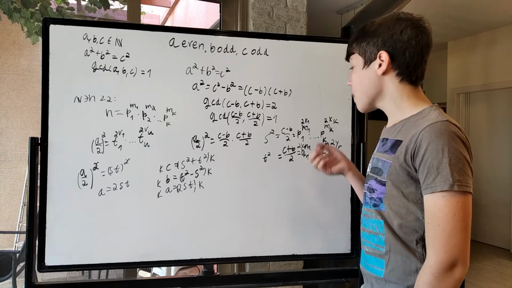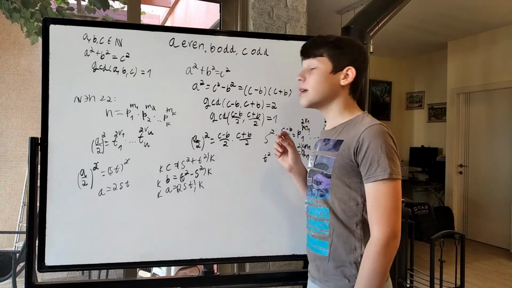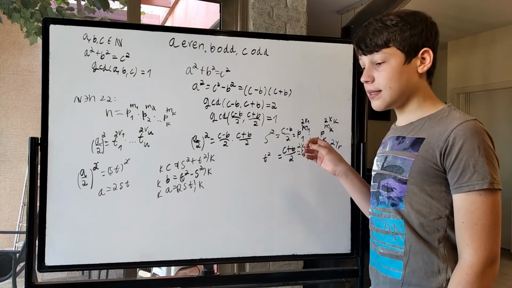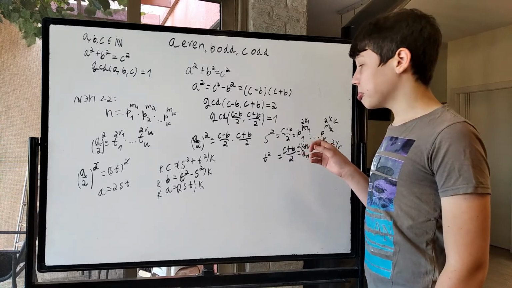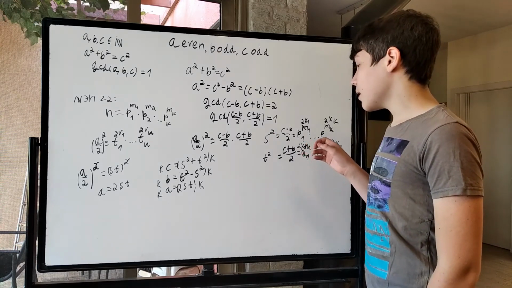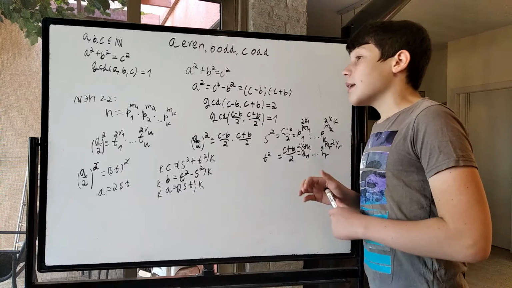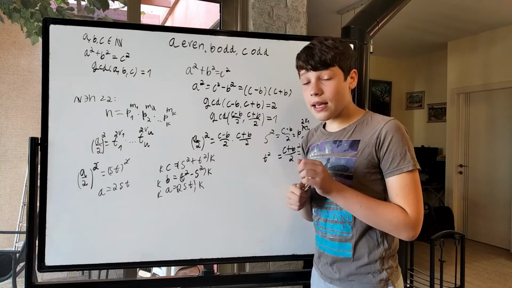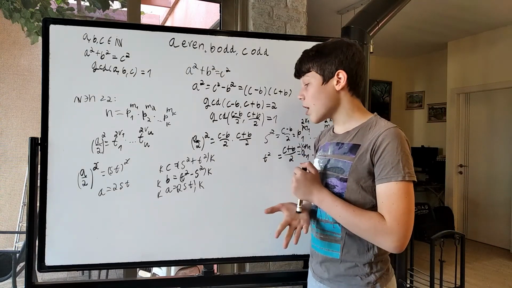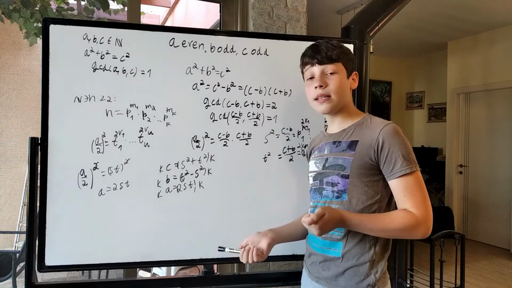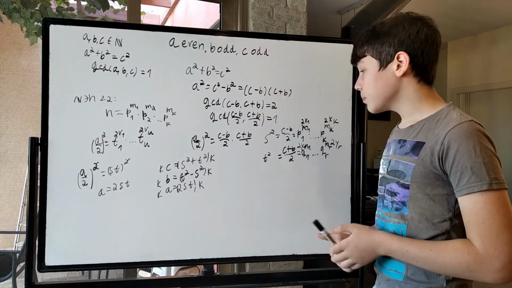And also, s and t actually don't have to be co-prime for this to represent a Pythagorean triple.